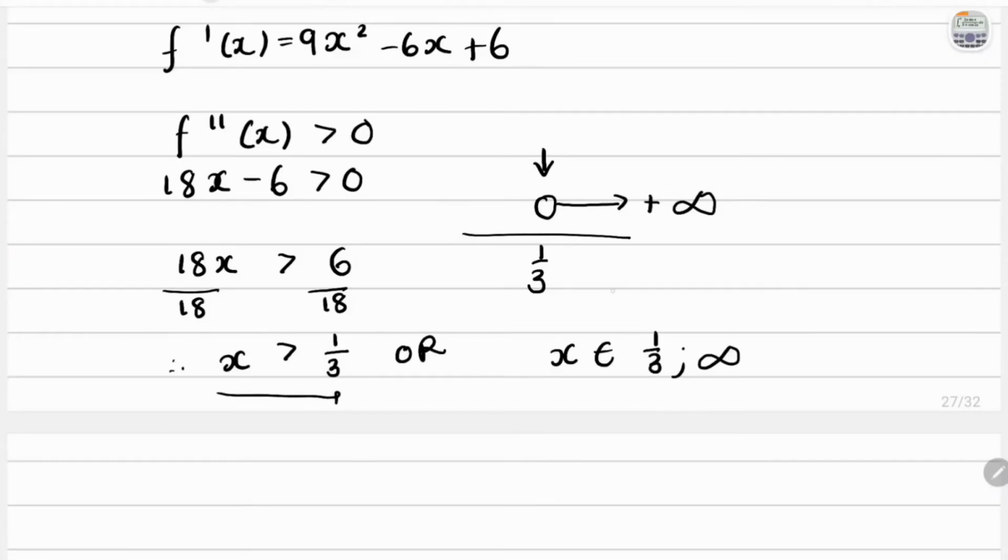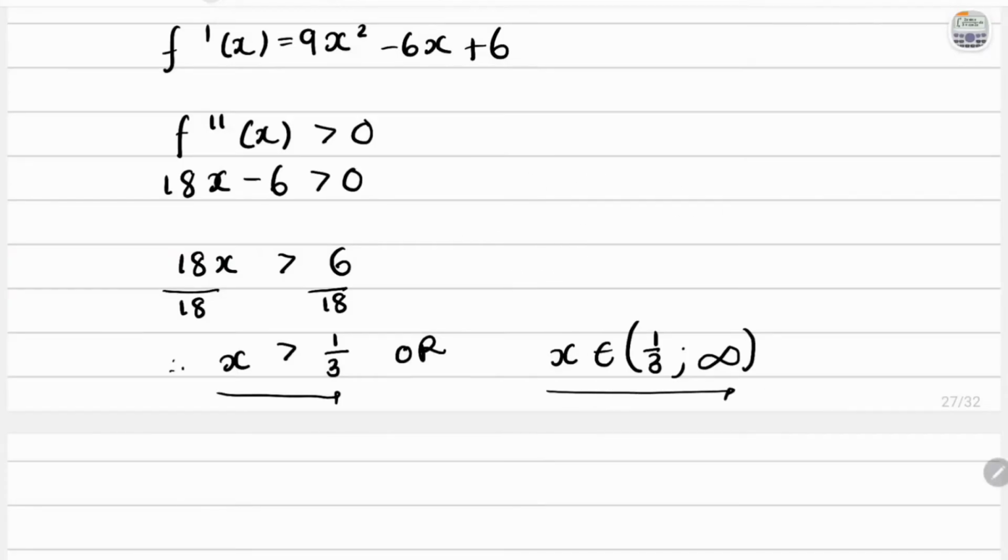With the brackets, if they didn't say x is greater than or equal to, you put a round bracket, because the actual number 1 over 3 is not included in this answer. But if it was, you would put a square bracket. Infinity always has a round bracket because infinity is not an actual specific number, it's more of a concept. So that's how you could have written it as well.